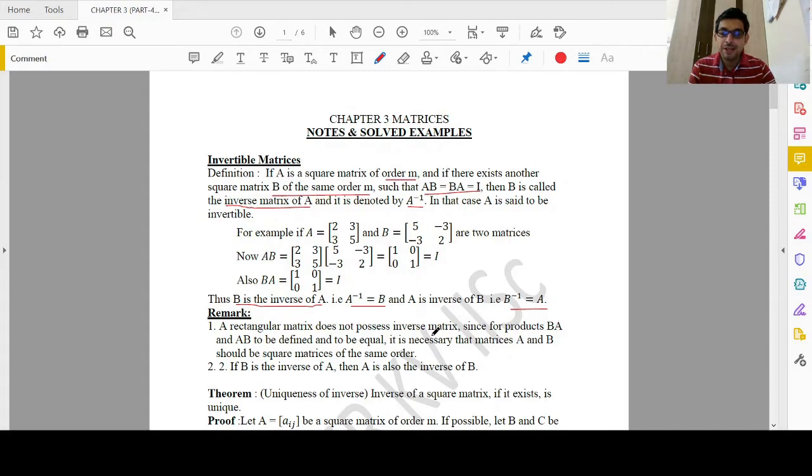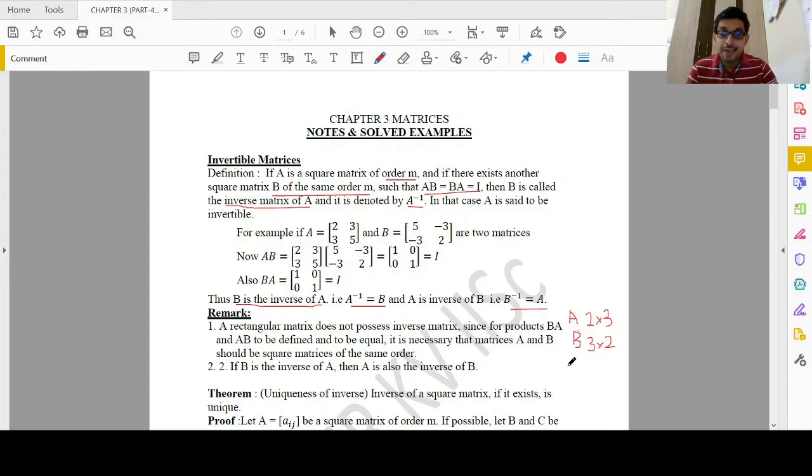Only square matrices have inverses. For example, if you consider A a 2 by 3 matrix and B a 3 by 2 matrix, then AB and BA will be of different order. Here AB is of order 2 by 2 and BA is of order 3 by 3.